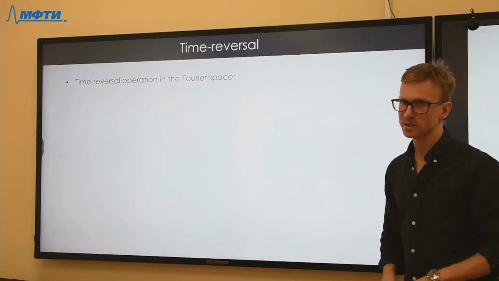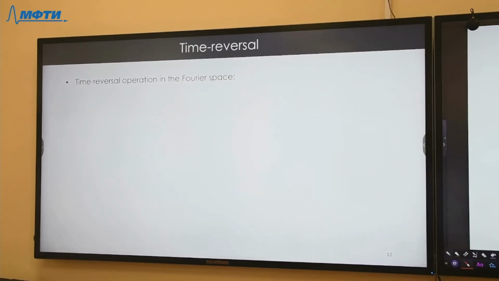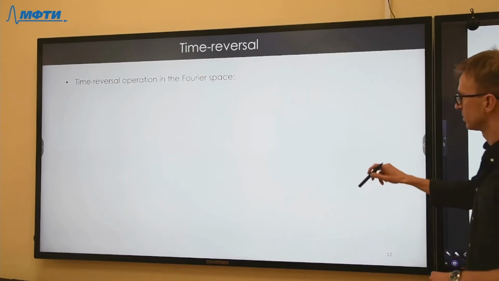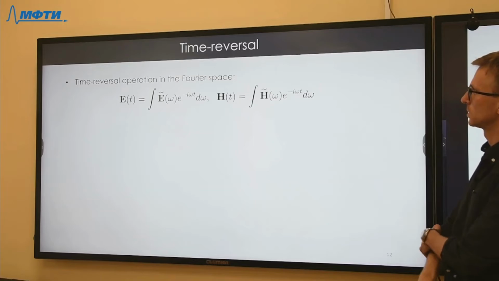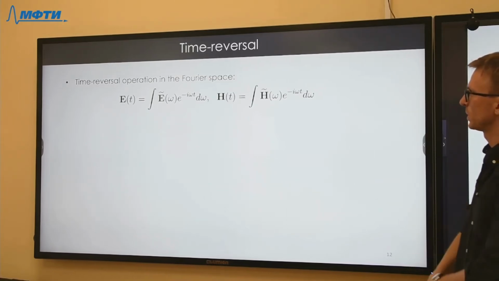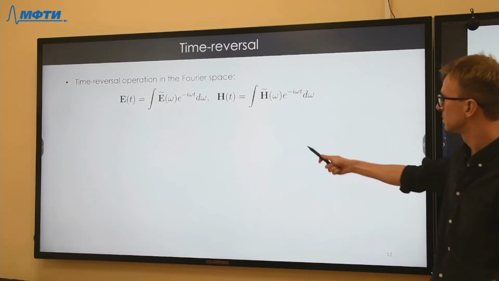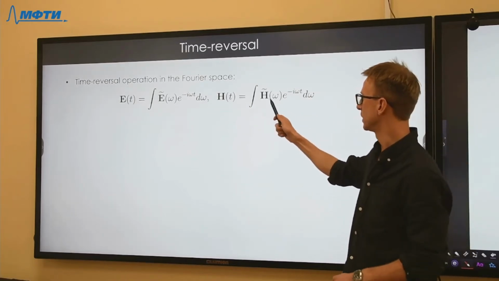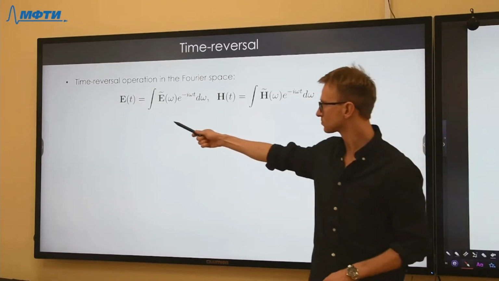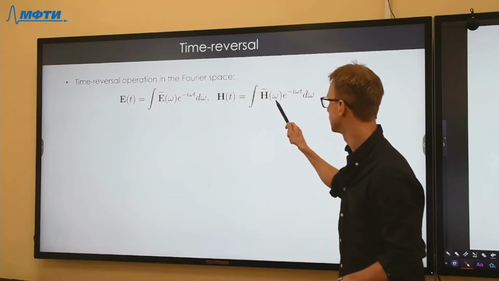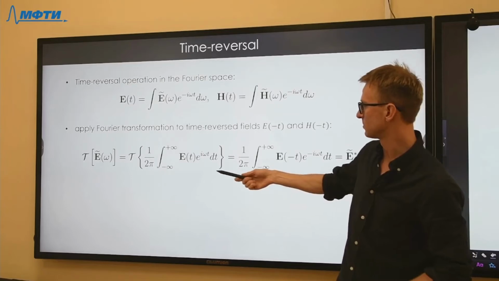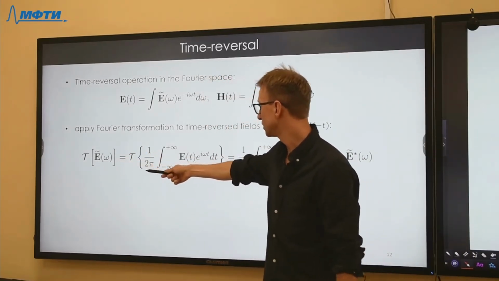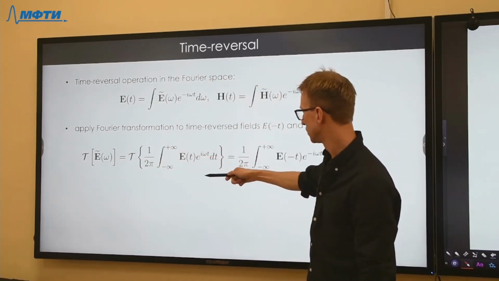So how does this operation work with monochromatic fields in the Fourier space? Well, let's express time-dependent fields E and H via their Fourier components E tilde, H tilde, and apply time reversal to this and to this. And what we're going to find is that time reversal of E equals time reversal of this.